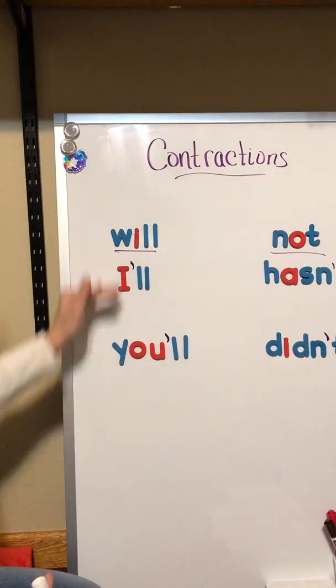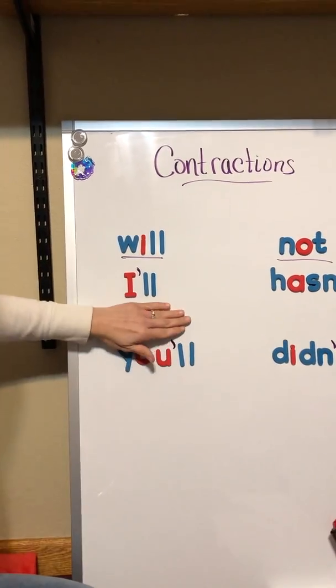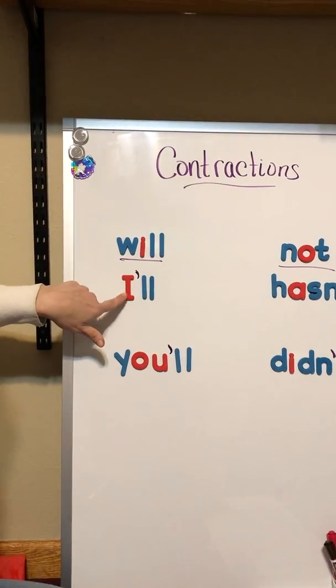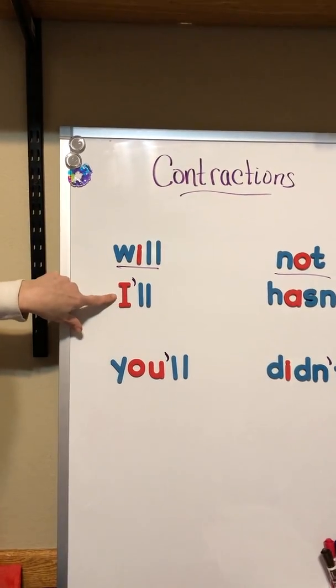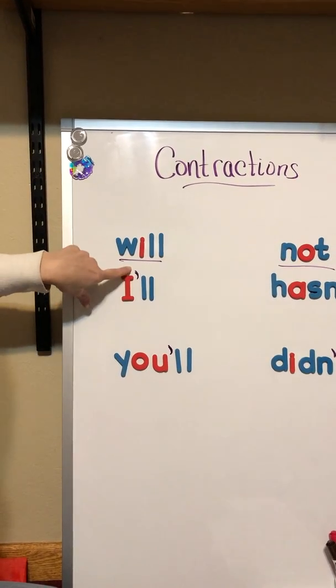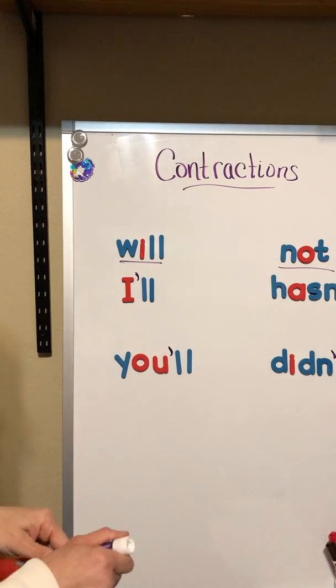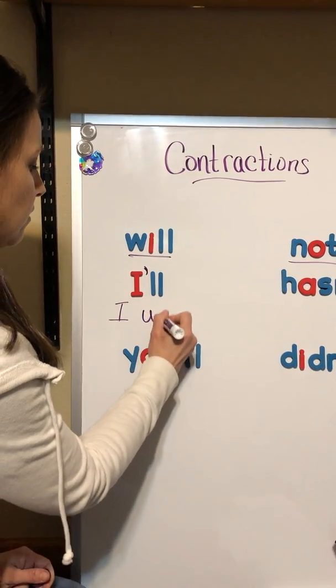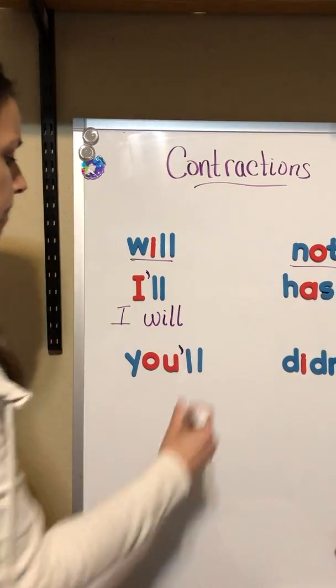Okay, so we're going to start with will. And here you'll see my first word I have is I'll, spelled with I. And notice it's a capital I because we still have to use that capital I in a contraction. I apostrophe L-L. And I'll is the same thing as saying I will.